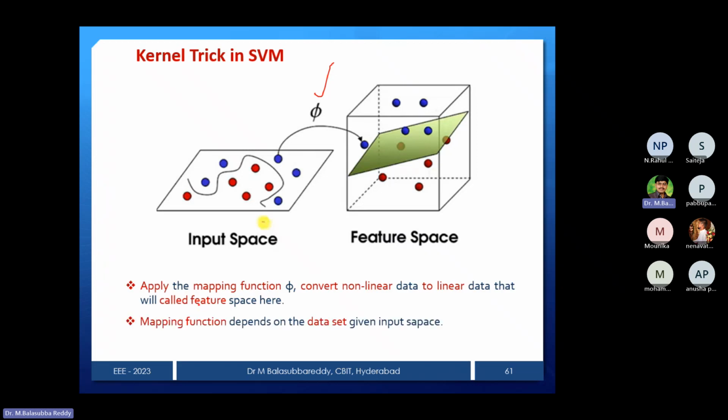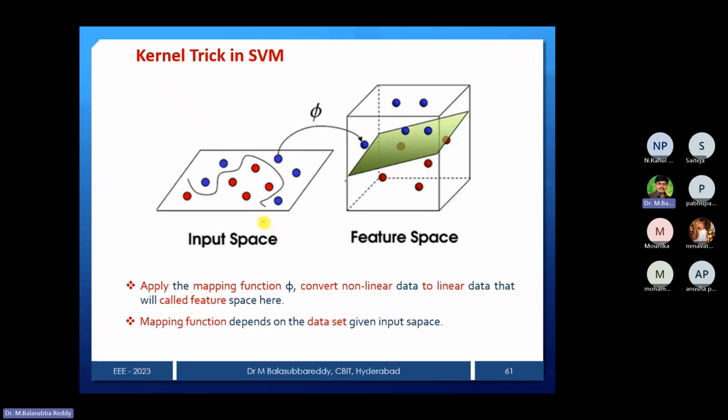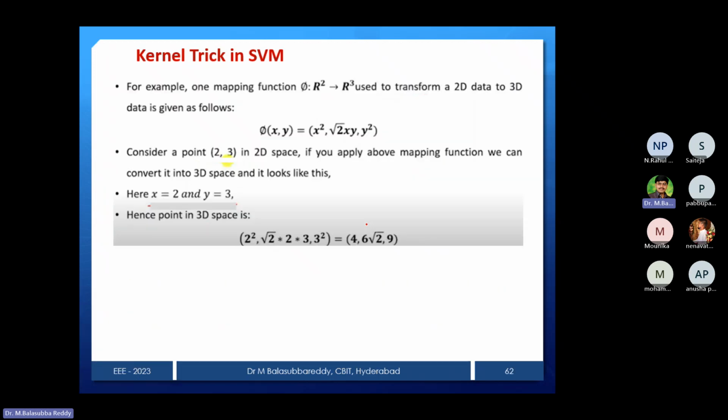For this we use phi as a mapping function, which converts non-linear data to linear data. That is called the feature space. The mapping function depends on the data set, so based on the data set we have to choose the mapping. For that, we have a formula.